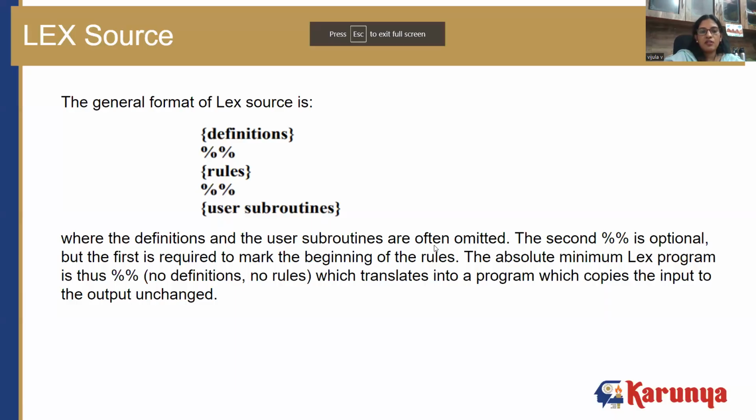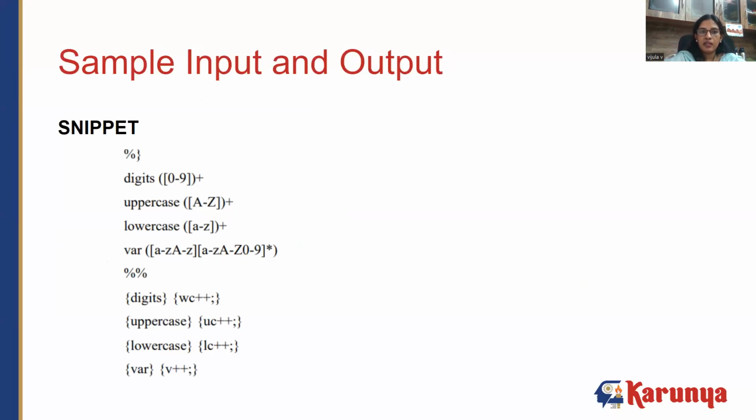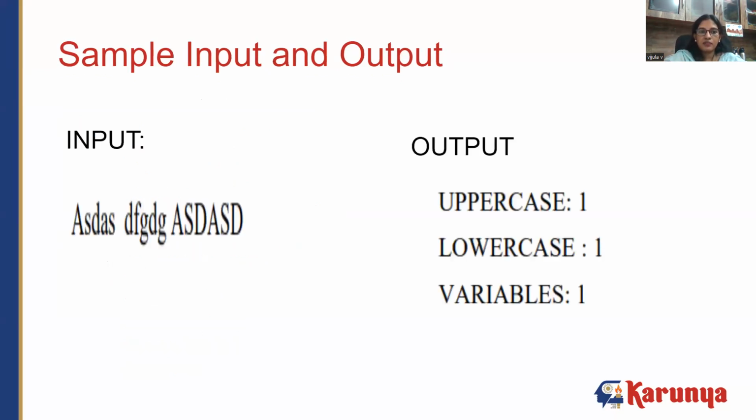So this is the general format of the Lex source, and this is a sample input and output. I've just shown a part of the snippet, where you have to write a Lex program to identify the input given. The program has to identify which are the digits, which are the uppercase, which are the lowercase, and which are the variables.